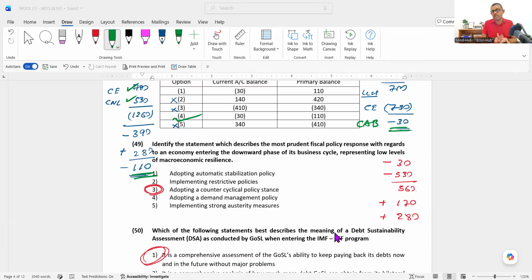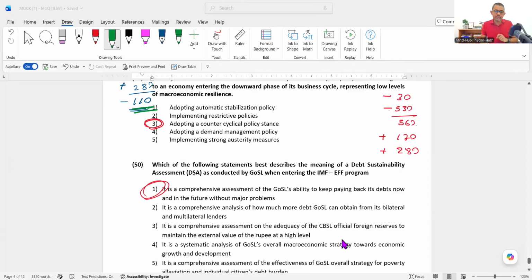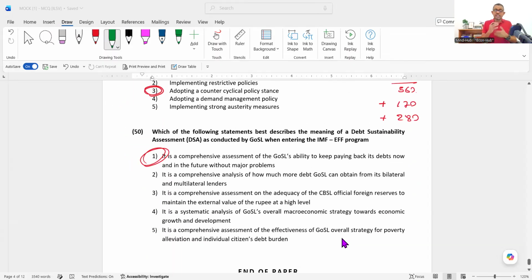It's going into a recession. So the best thing to do is go for counter-cyclical fiscal policy. That means reduce taxes a bit, increase government spending, and give a boost, a stimulation, to the economy. Answer number 3. If the economy is resilient, it can fight the recession on its own, but this economy needs support.